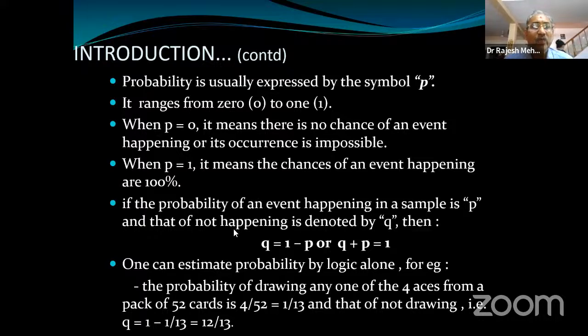Then, when you say there is a probability of occurrence of chance is P, automatically not occurring is Q. So P plus Q is always equal to 1. And in binomial distribution, yes or no, we'll have a special formula to find out the probability.